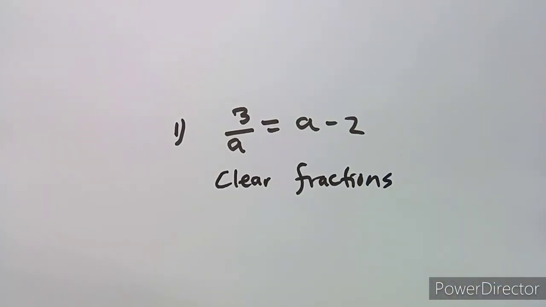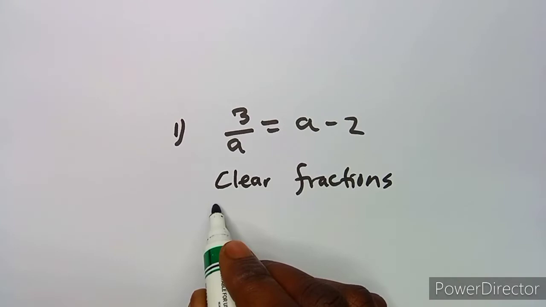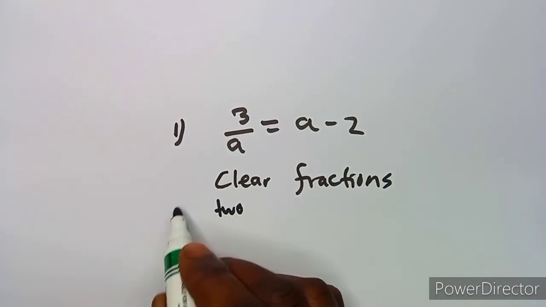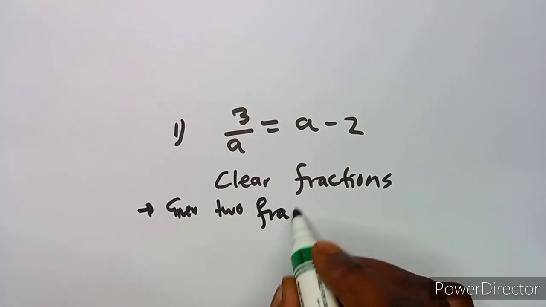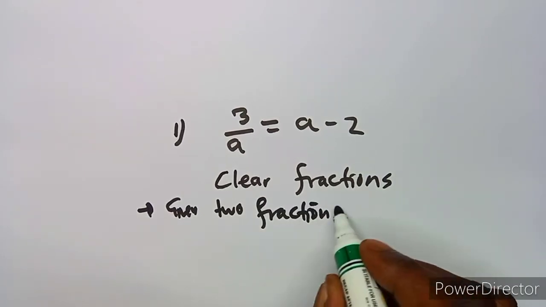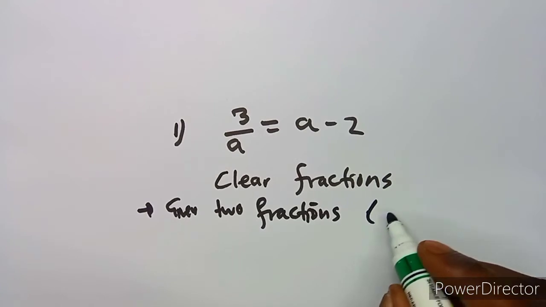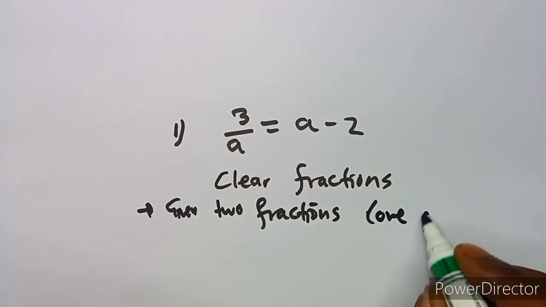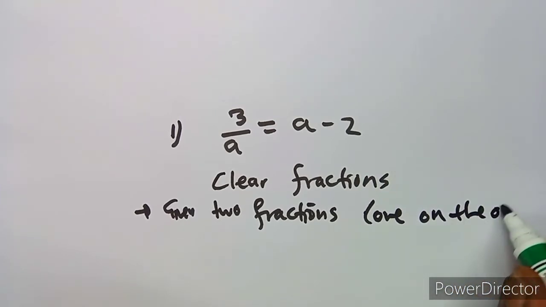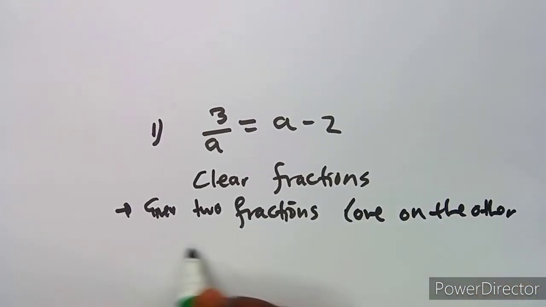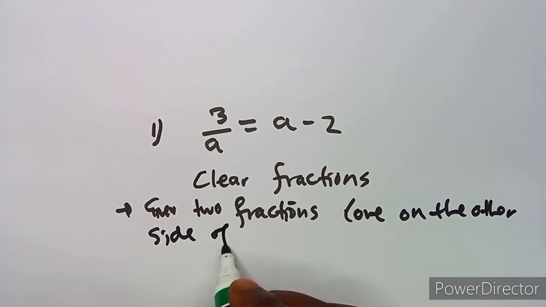You've got two options. Depending on the type of fraction that you're given, there is a condition: when you are given two fractions, and one is on the other side of the equation.